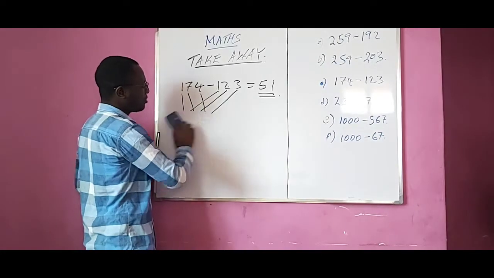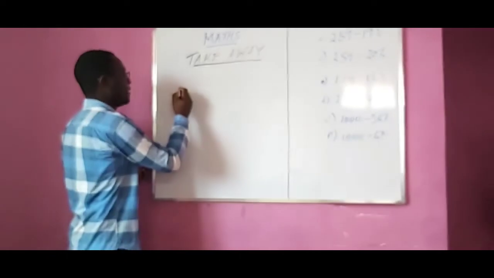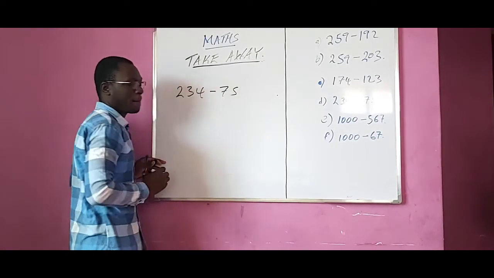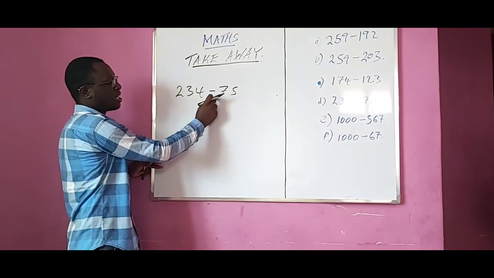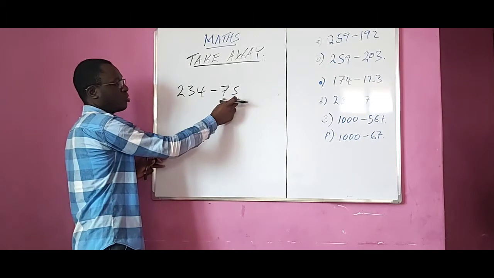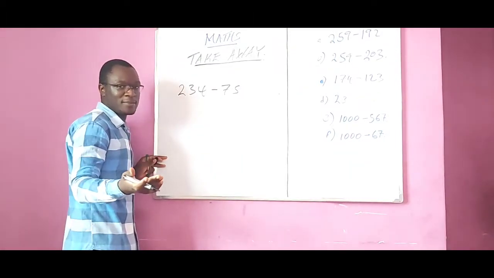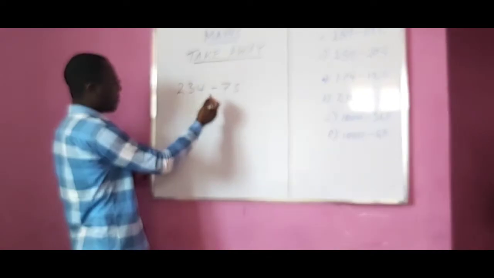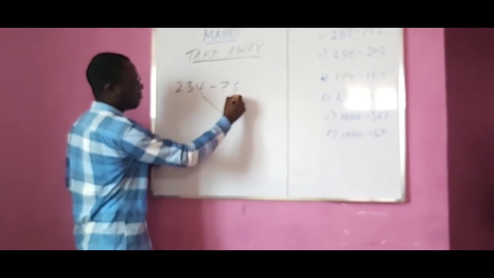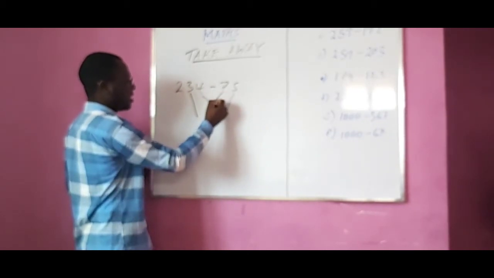Second example, you have been given 234 take away 75. Now this one, because the number is very small, you can decide to do it by bringing in the tens or the place value, whereby we have 4, we take away 5, then in place of 3, we subtract 7.